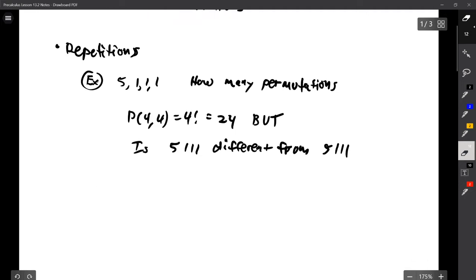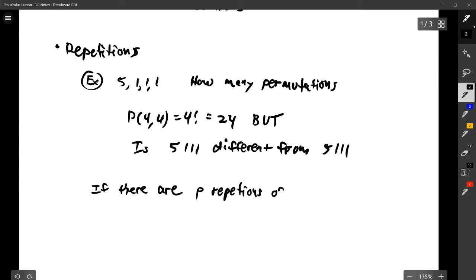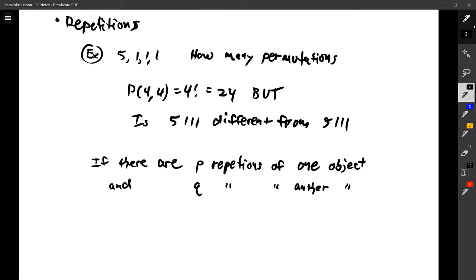We say with permutations, if there are p repetitions of one object, and q repetitions of another object, then how we calculate this is we get n factorial divided by p factorial and divided by q factorial.